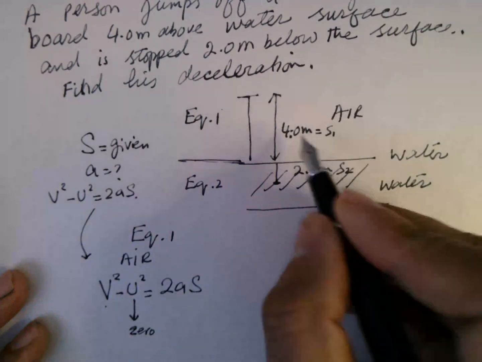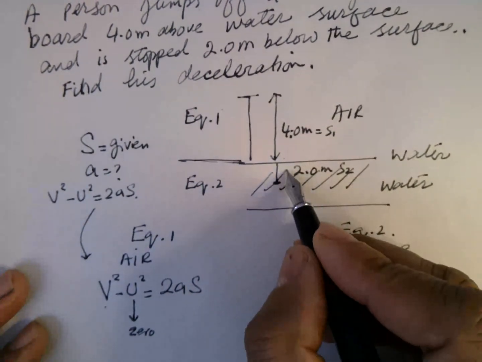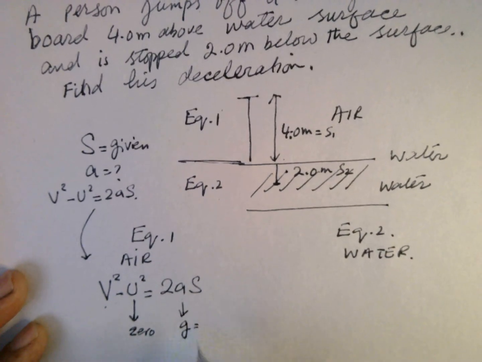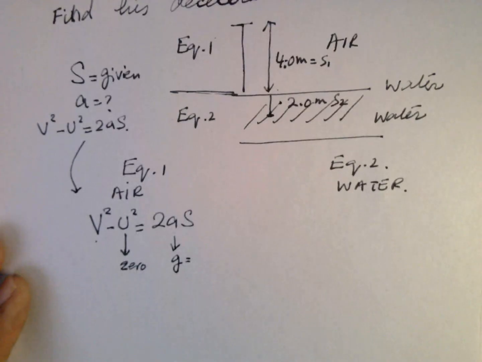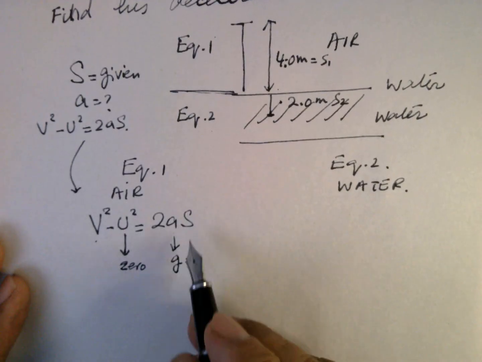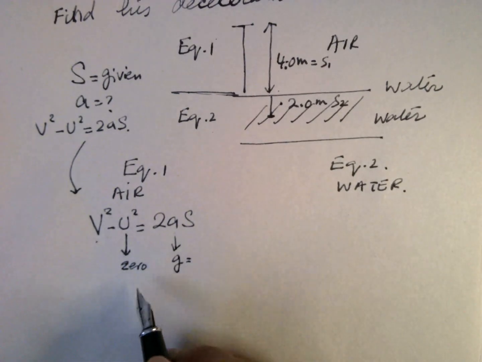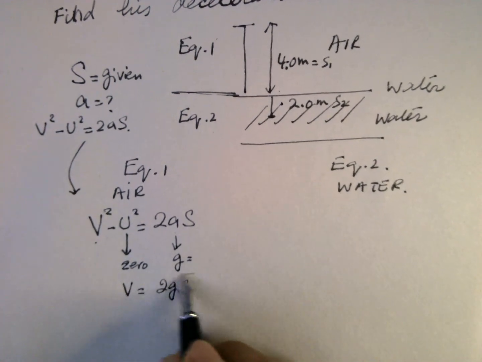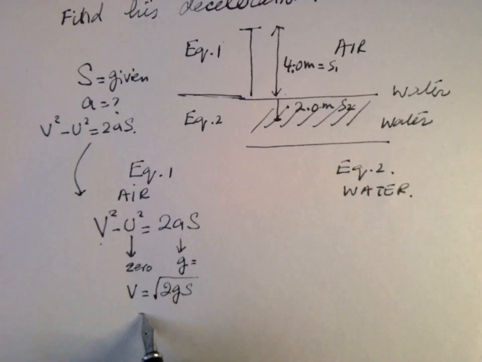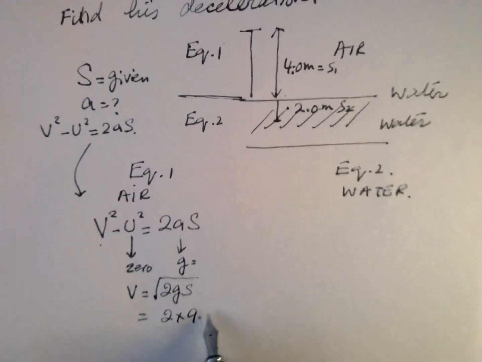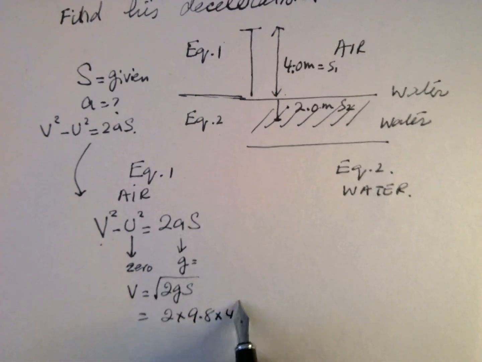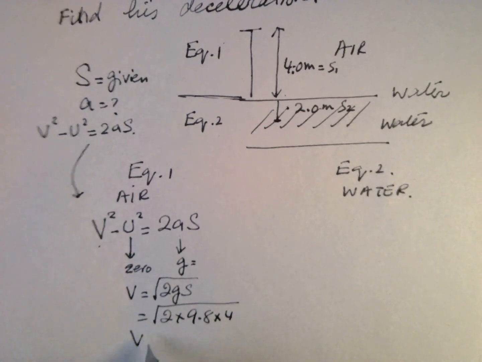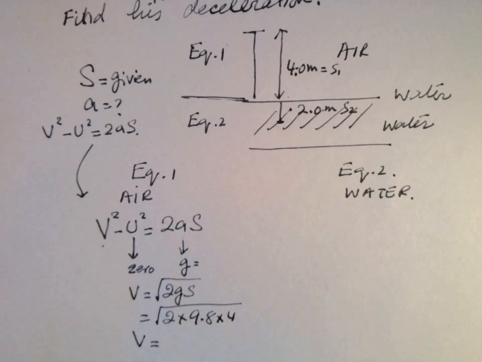The final velocity of this one will be the initial velocity of the next one, and a is equal to g, which we take as positive in the coordinate system. So v is equal to square root of 2gs, which is square root of 2 into 9.8 meter per second squared multiplied by 4. So v is equal to 8.85.